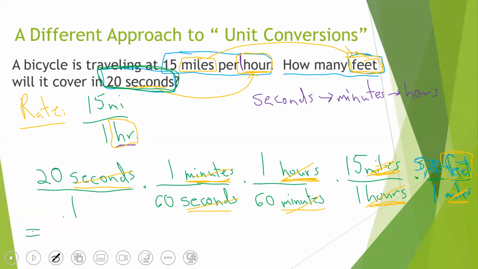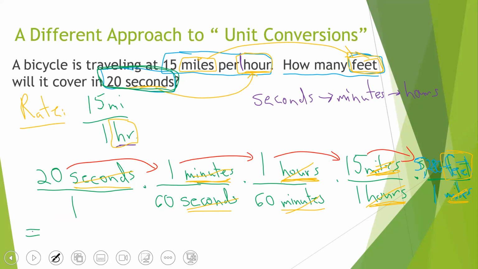And then we can multiply these fractions just as we know how to multiply two or three fractions. We're going to multiply all the numbers in the numerator. So we do the 20 times 1 times 1 times 15 times 5,280. We can go ahead and put that into our calculator.